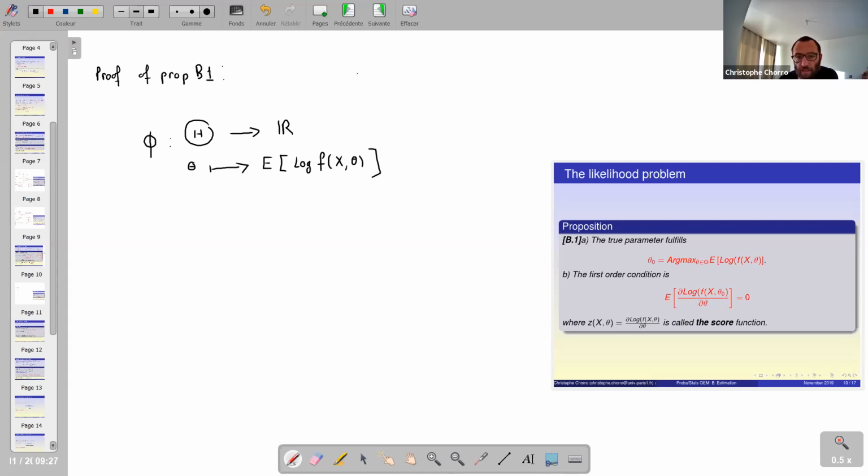Keep in mind that X has a density, a real density in the continuous case or a probability mass function in the discrete case, that is f(x; theta_0).